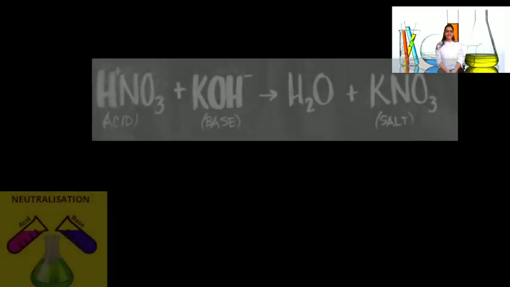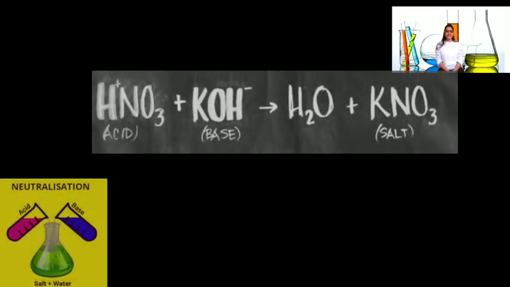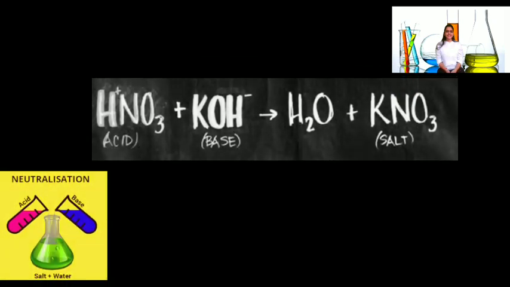That means acid can neutralize a base and base can neutralize an acid. In terms of the taste, it means the acid can neutralize the bitter taste of base and a base can neutralize the sour taste of an acid.